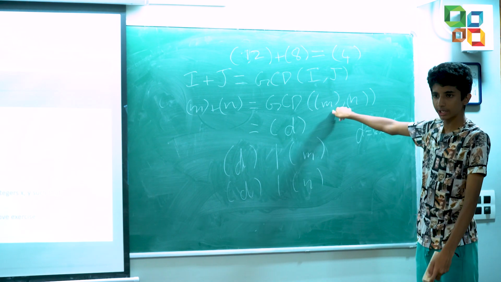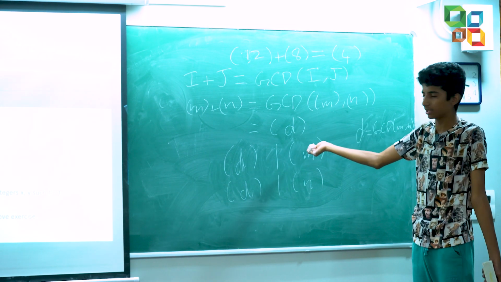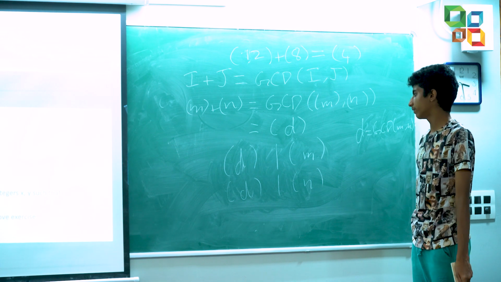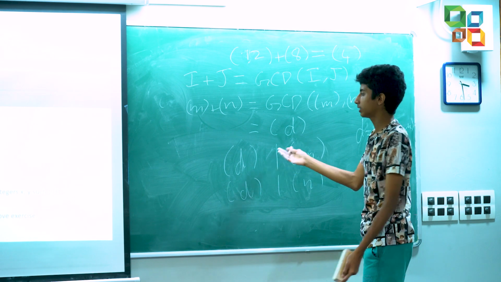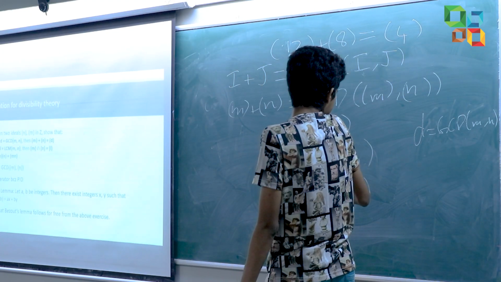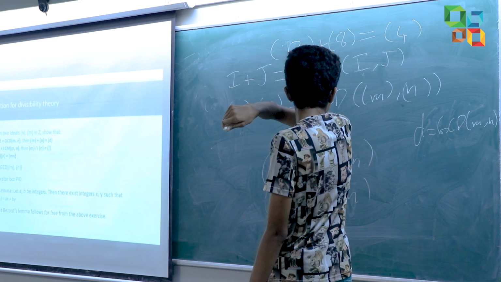Because this is the GCD of the two ideals M and N. The GCD divides the ideals themselves. D divides M, D divides N. It's the greatest common divisor, that is the largest set. D divides M, D divides N.